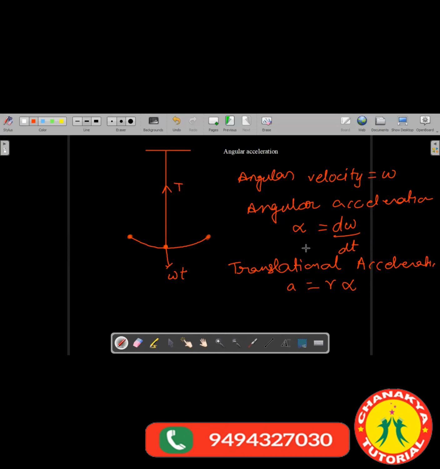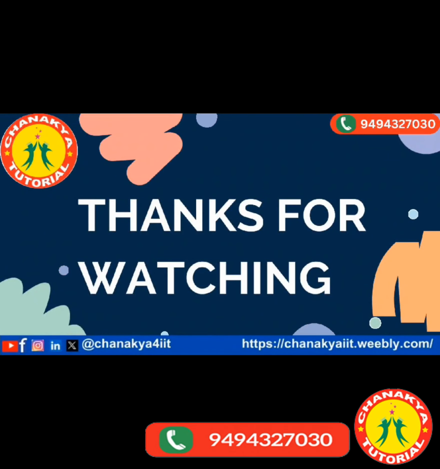If alpha is the angular acceleration, then the angular acceleration multiplied by the radius gives you the translational or linear acceleration. We'll come across all these terms, but this was all about angular motion or revolution in a circle.